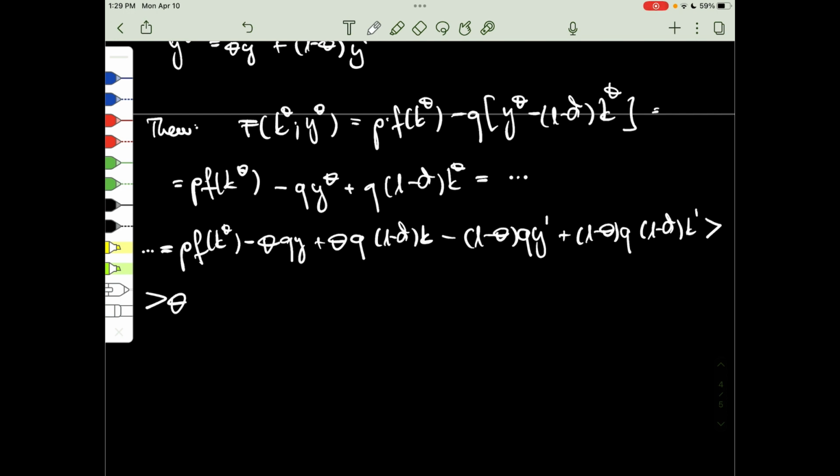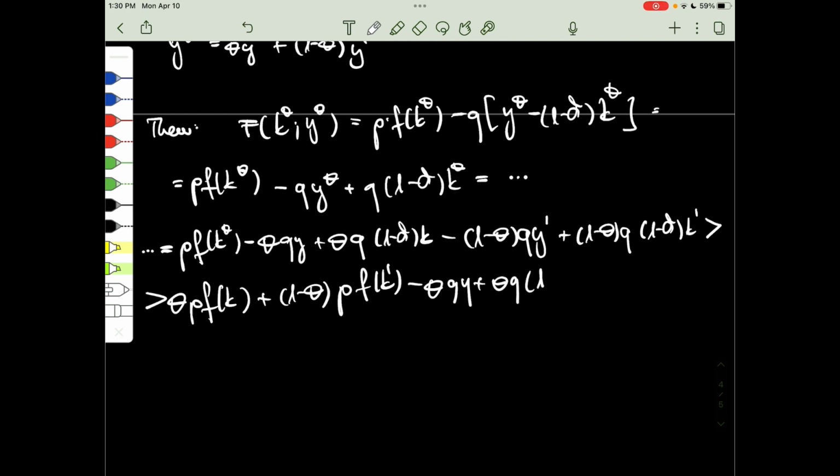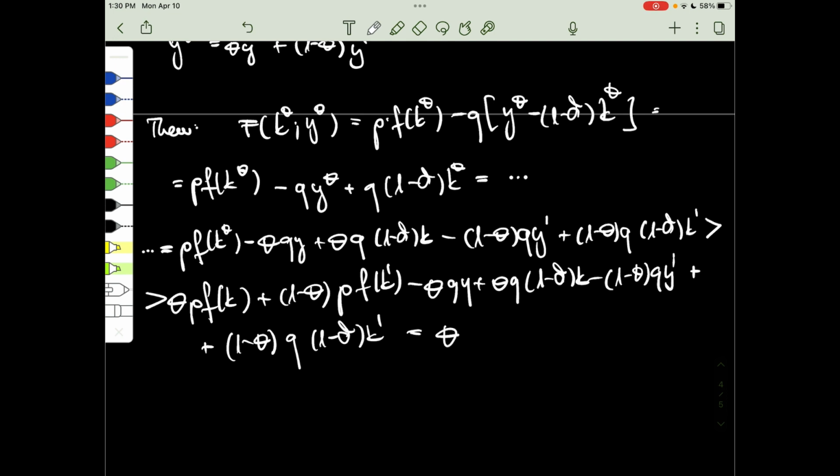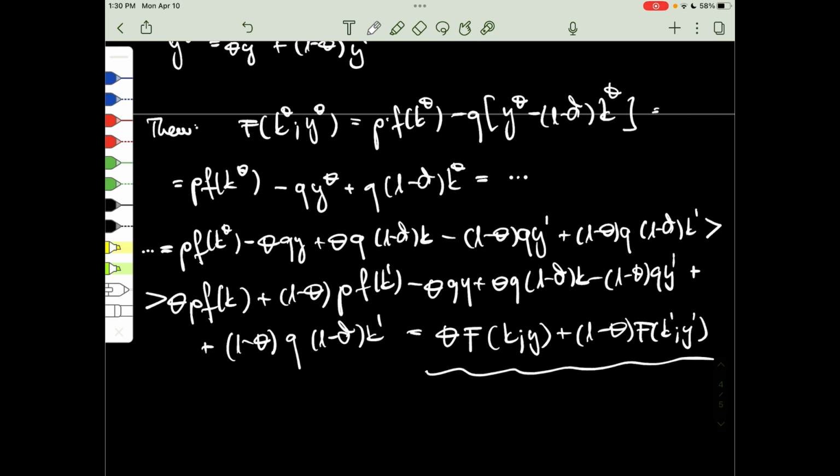So this inequality holds given the strict concavity of f, which is equal to, this was the last stage from which it follows. And this is very important.